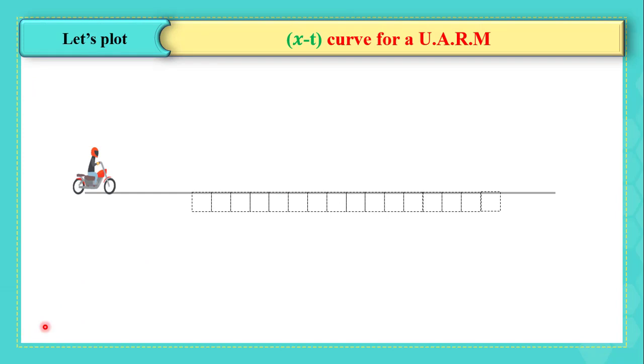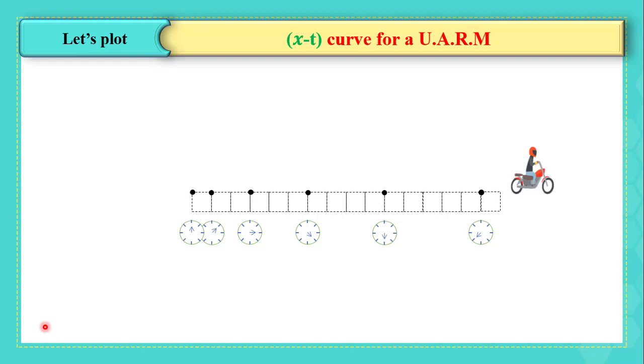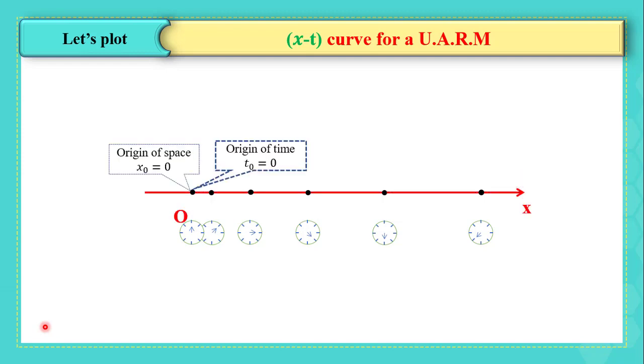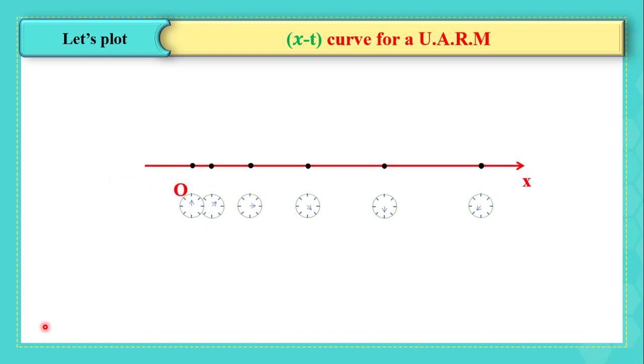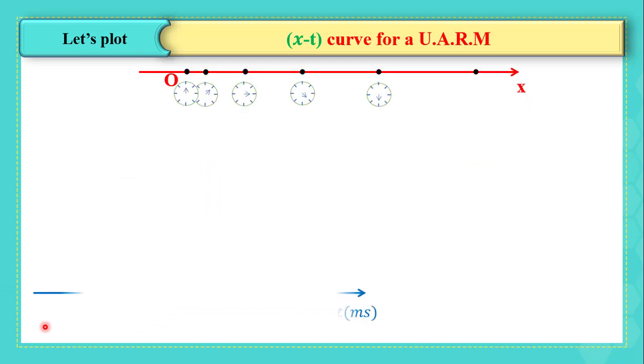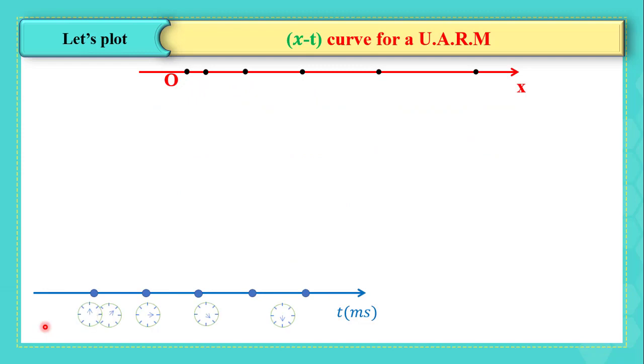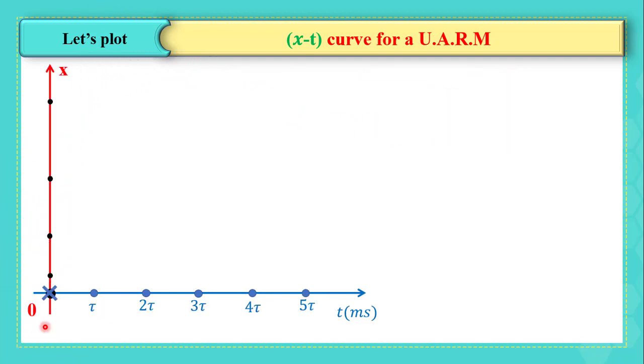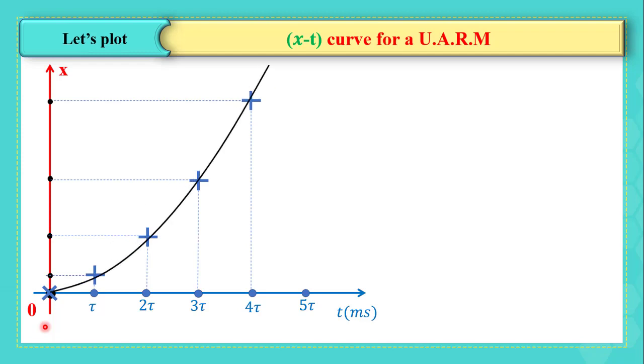Now we need to plot the XT curve for a uniform accelerated rectilinear motion. We record the positions after equal intervals of time, then we plot them. The curve obtained is a curvilinear parabolic curve whose equation is of the form x equal half at square plus v0t.